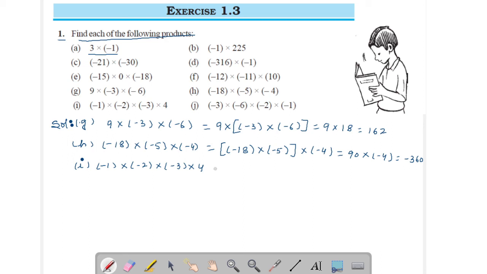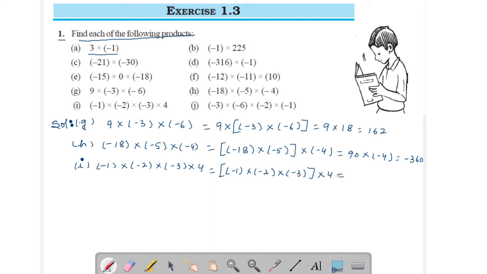Here let us multiply all negative integers. Write in big bracket: minus 1 into minus 2 into minus 3, big bracket close, into 4.